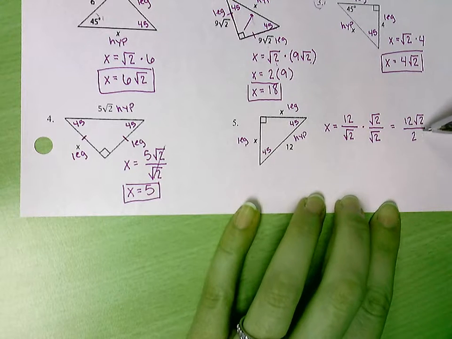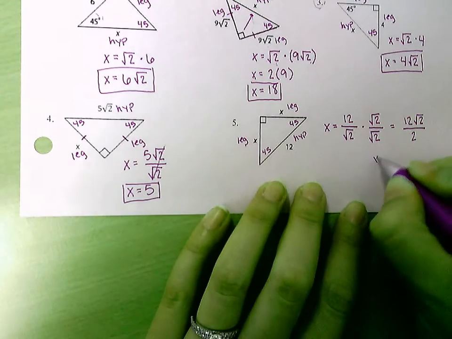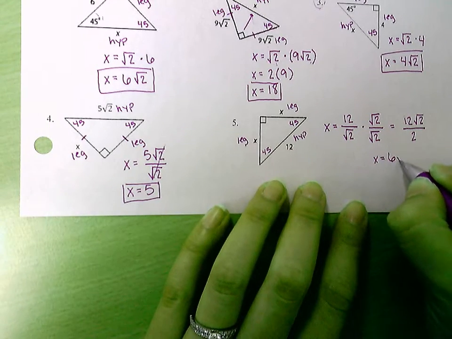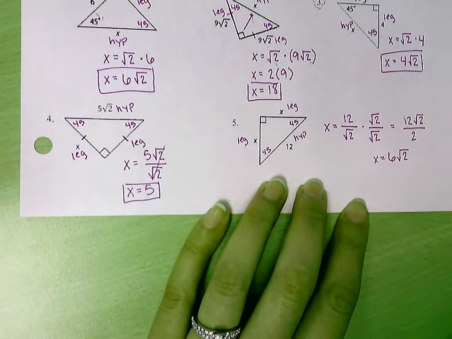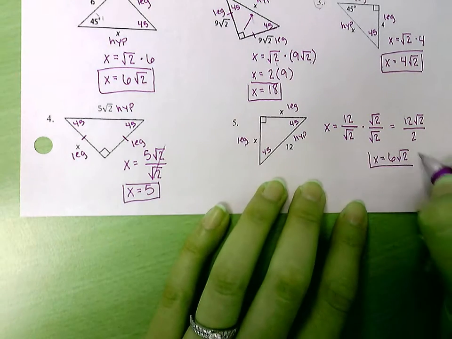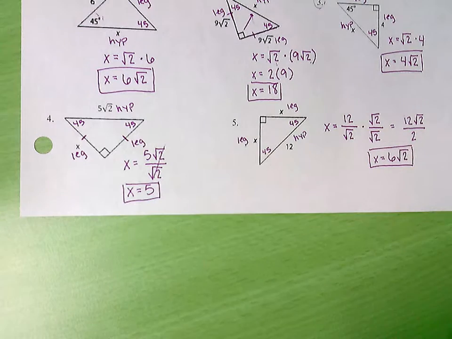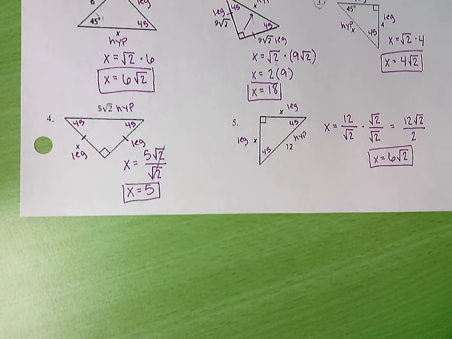So these both divide by 2 here. I can take 12 divided by 2, which is 6, and then I still have that square root of 2 there. And that would be your answer. Okay, do you understand what I did to simplify that? How I multiplied by what was in that denominator? And you have to make it a version of 1.